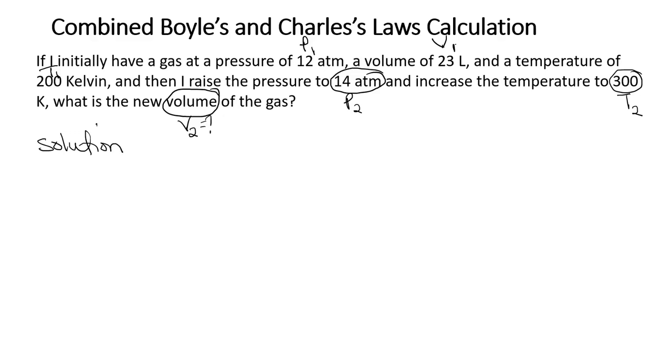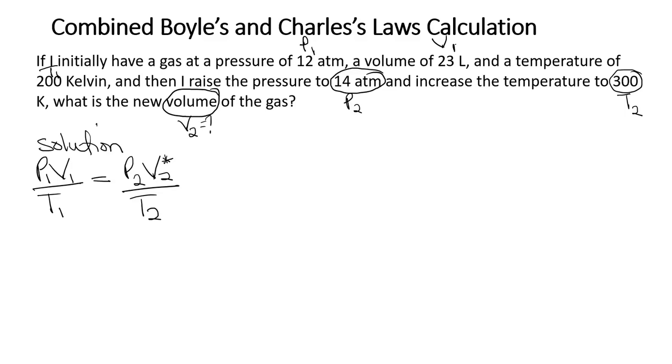So how do I go about it? I am going to say P1 V1 over T1 is equal to P2 V2 over T2. But here I am interested in determining the V2. So I want to isolate V2 from this problem.